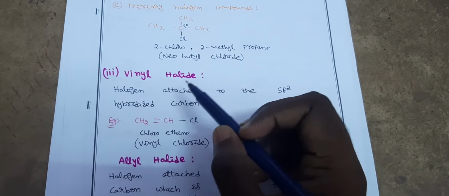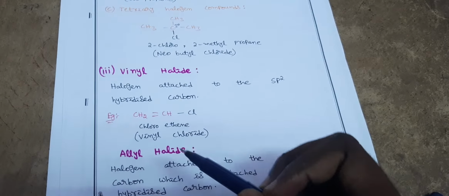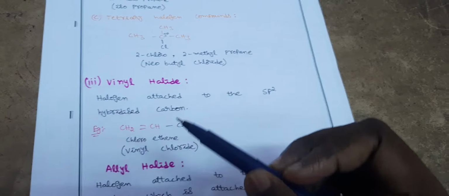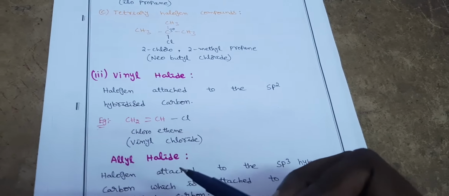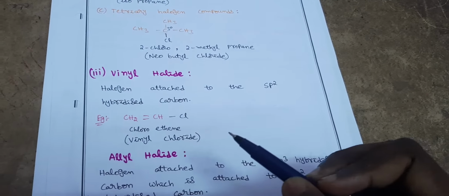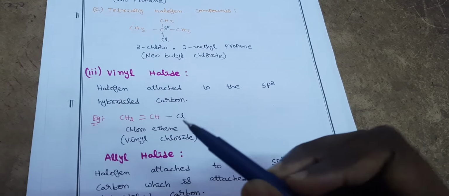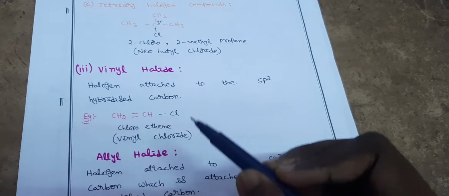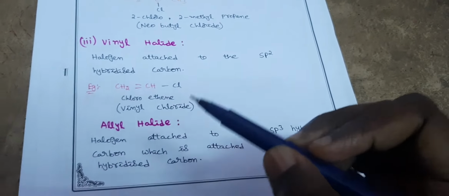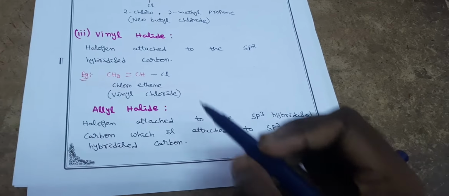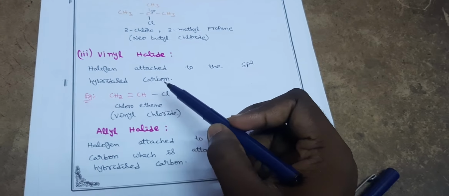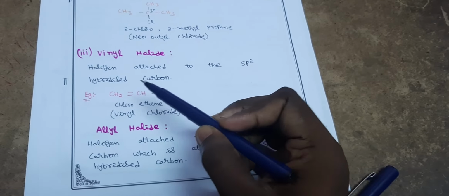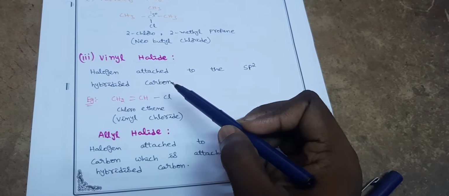Next, even vinyl halides and allyl halides are being classified. These vinyl and allyl halides are only classified on the basis of alkenes. Only for the alkenes, the vinyl and allyl halides are specified. Firstly, what is a vinyl halide? A halogen attached to the sp2 hybridized carbon is known as a vinyl halide.